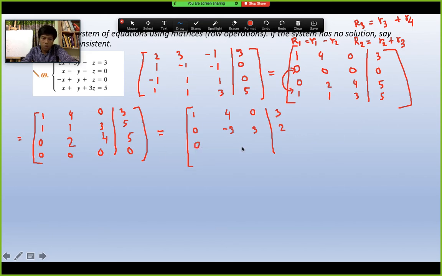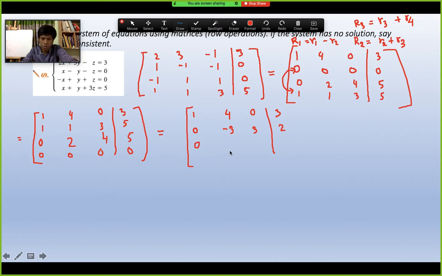But we need a 0 here also. In the row echelon form, we need a 0 here also. So let's try to make this 2 into 0. If we multiply by any number here, this is not working.